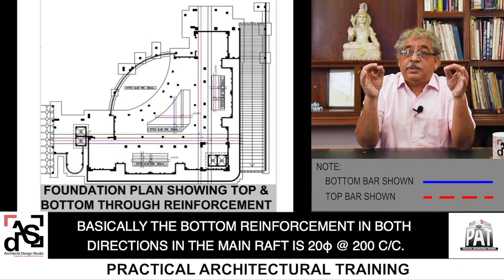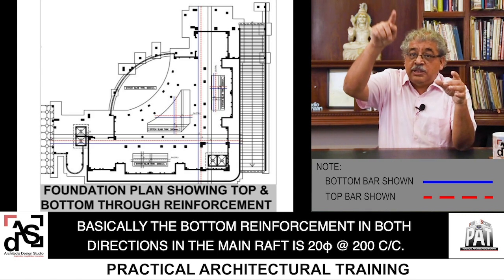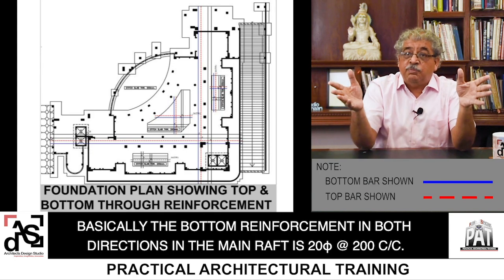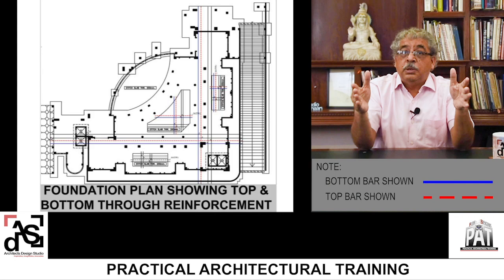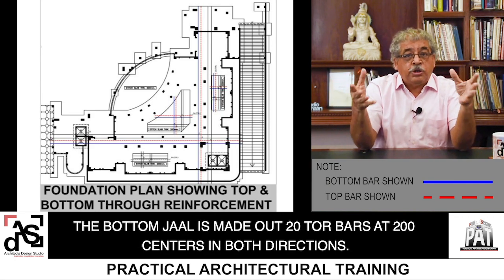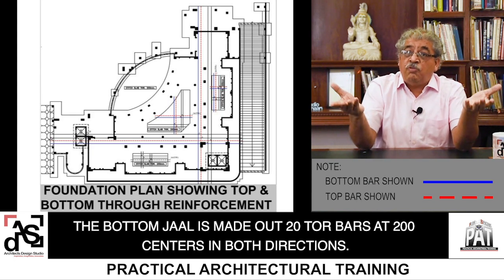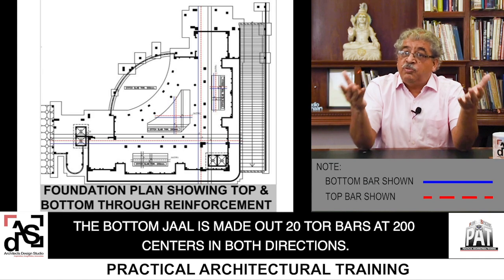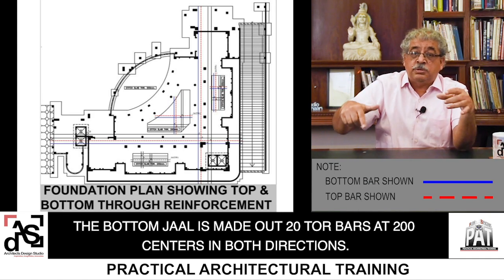So basically the bottom reinforcement in both the directions in the main raft is the same, 20 torr at 200 center to center. In our local language, we say that the bottom jal is made out of 20 torr bars which are at 200 center to center in both the directions.